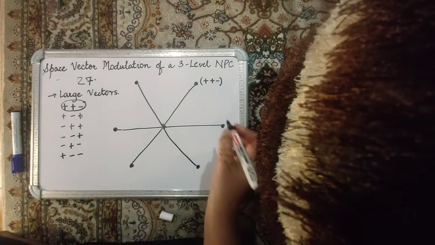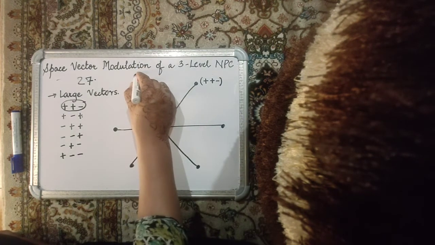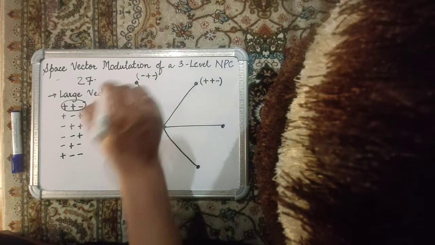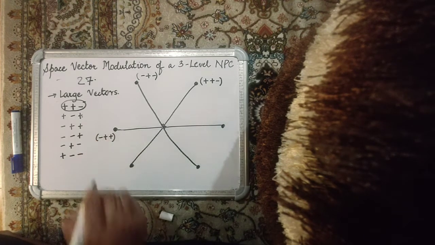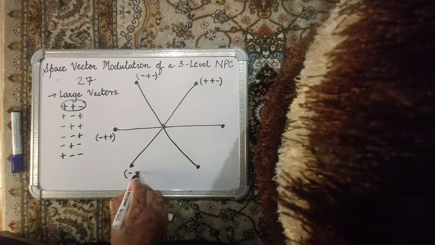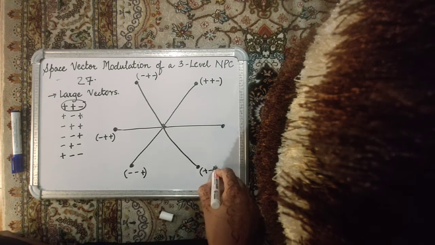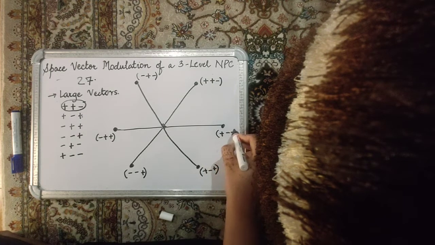If we do the others, this one over here will be minus, plus, minus. This one over here will be minus, plus, plus. This one will be minus, minus, plus. This over here will be plus, minus, plus. And finally this will be plus, minus, minus.